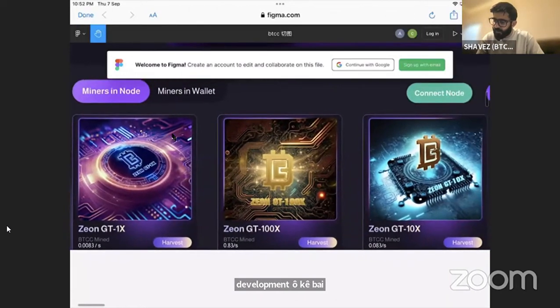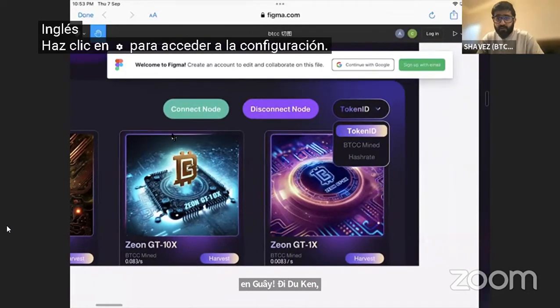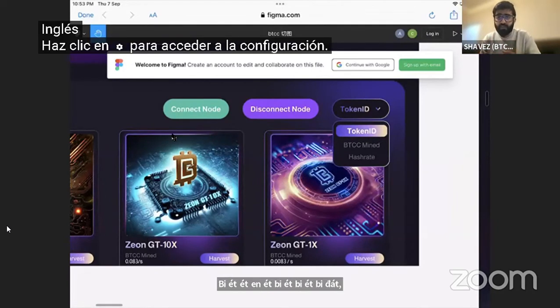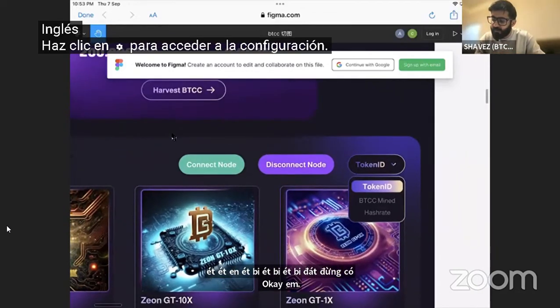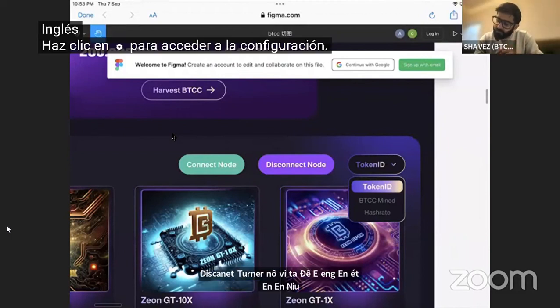You look at your miners. You have 1x, you have 100x, you have 10x, you have another 1x. These NFTs will appear in your DApp because you are all the owners of these NFT miners. Okay. And then you can connect to the node with the connect button. You can disconnect from the node with the disconnect button. And individually you can connect or disconnect. And then you can take another view of token ID, BTCC mined, and hash rate.